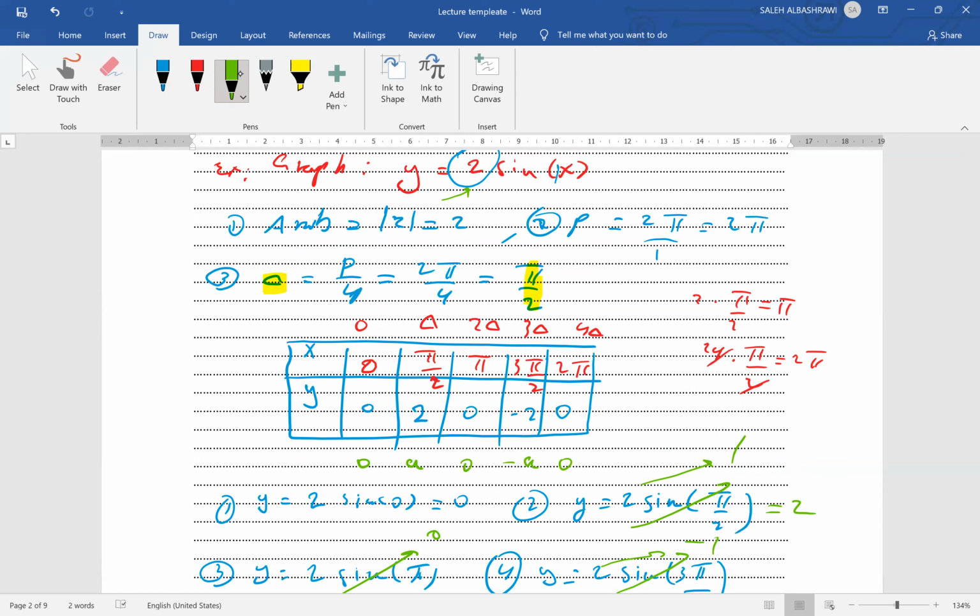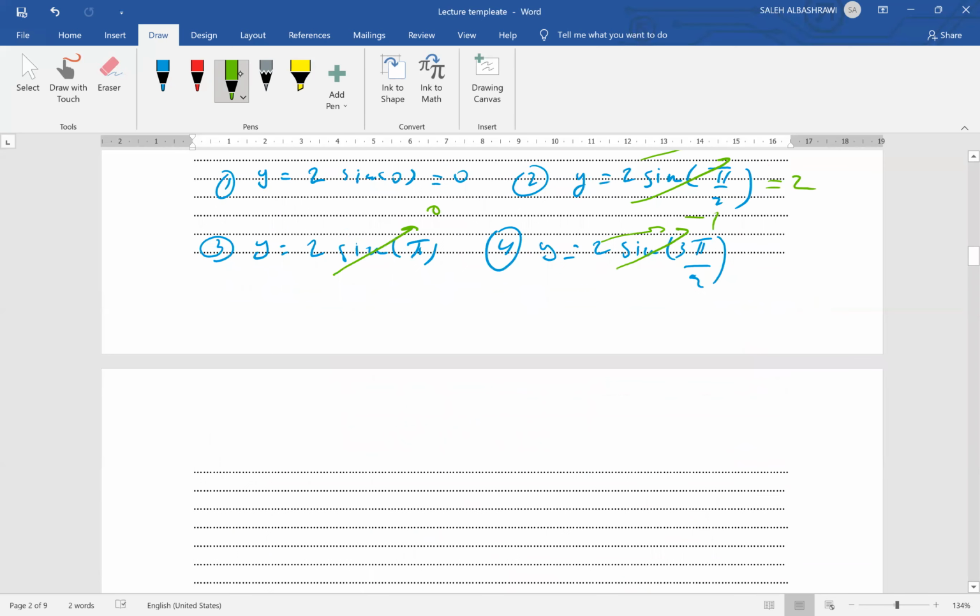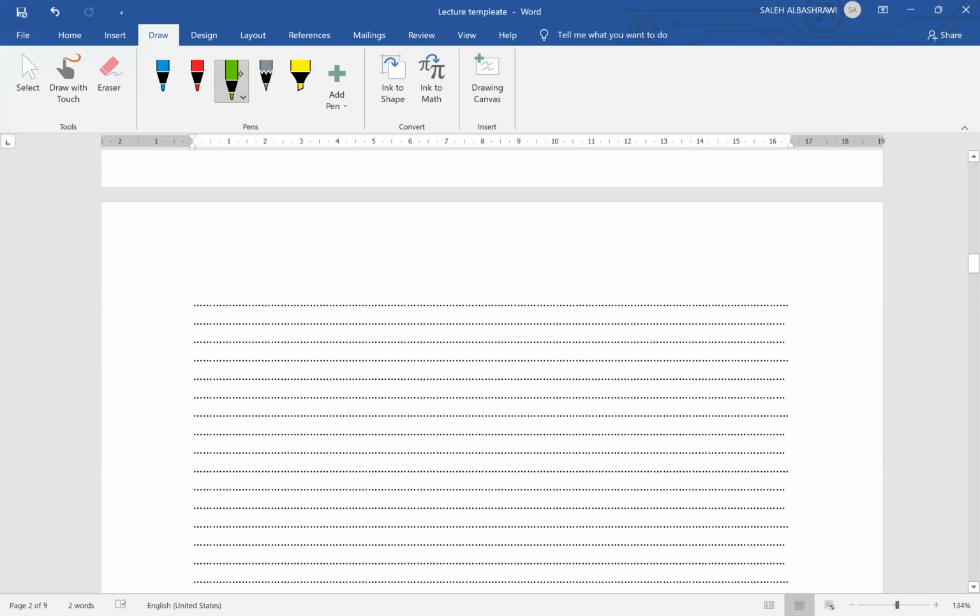So the values of y will be 0, then a, the coefficient of the function, then 0, then minus a, and 0. So the graph for this function, our function is y equal to 2 sine x.